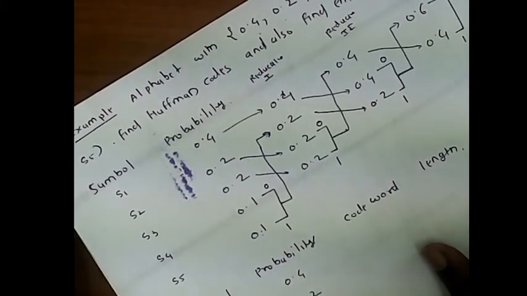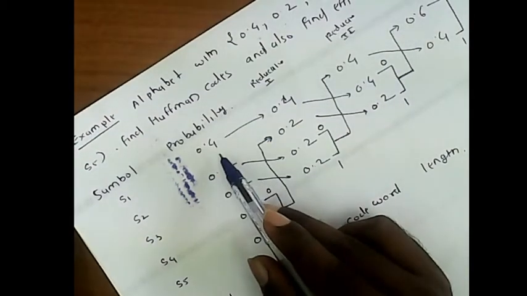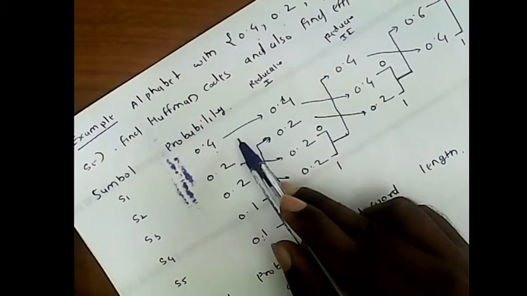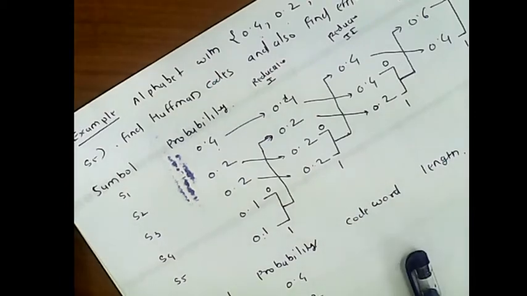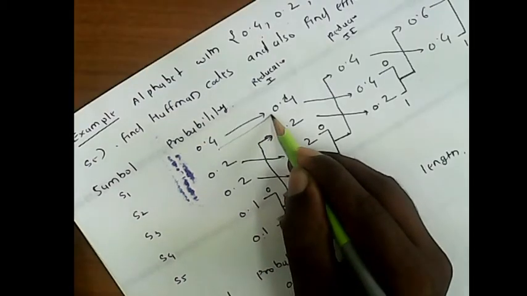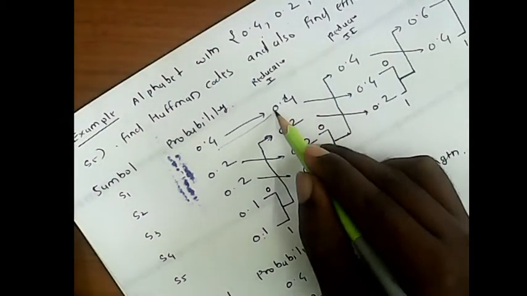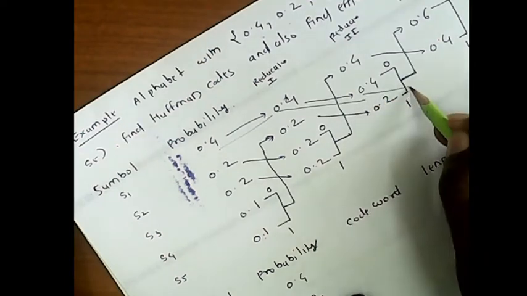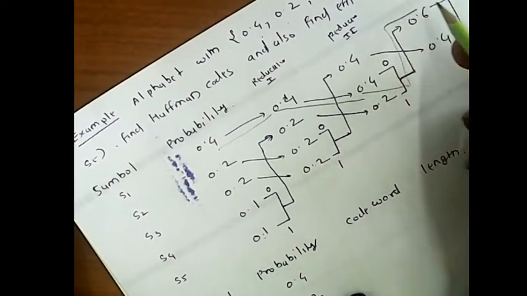First we see the code word for the S1 symbol having probability 0.4. To write down the code word for S1, we go in this direction, then go here, then we go here.